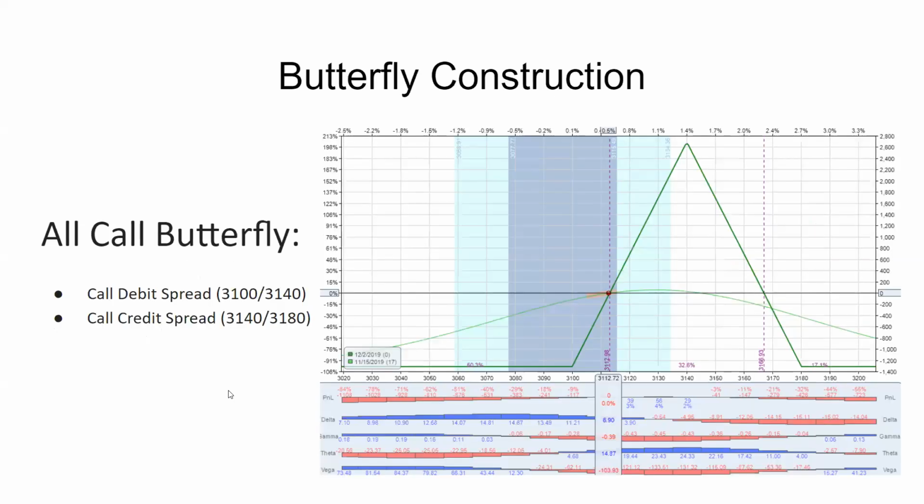Let's take an example here. This is an all call butterfly, and it's made of two spreads. We have a call debit spread and we have a call credit spread. So I'm going to grab a marker real quick.